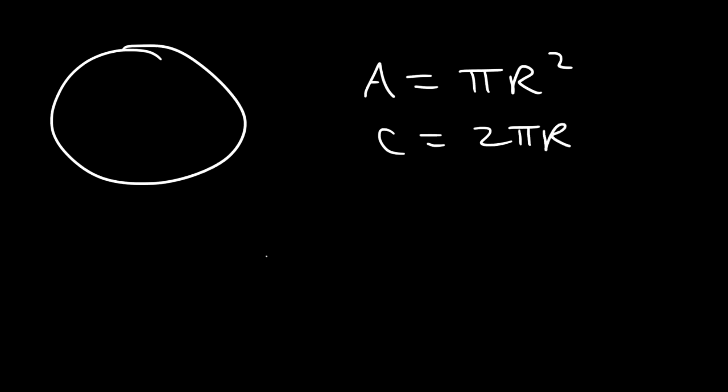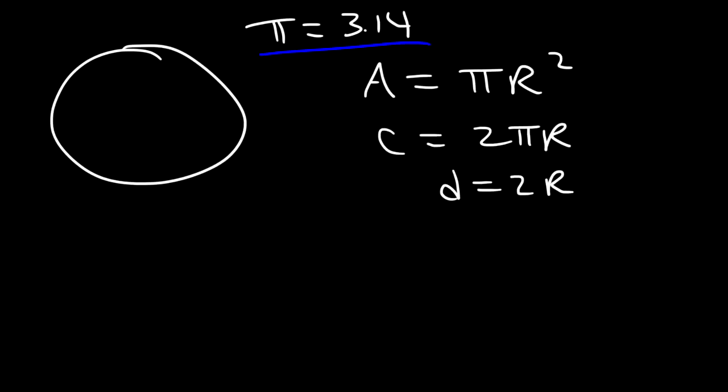Now the last other thing that we've considered is a circle. The area of a circle is pi r squared, and the circumference is 2 pi r. And keep in mind, the diameter is 2r. And pi, if you round it, is 3.14. Now there are some other numbers after the 4, but in this example, we just kept it simple and used 3.14.